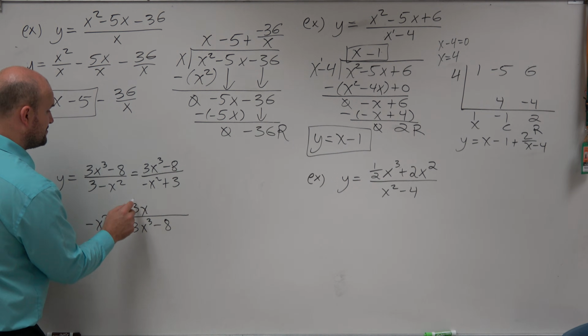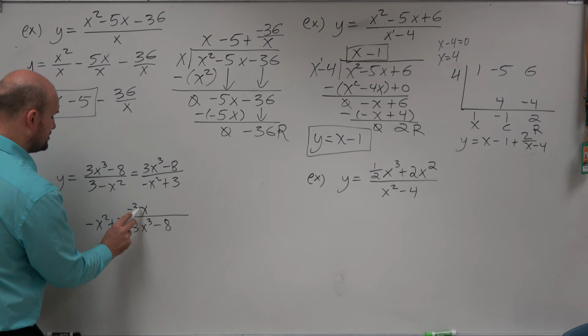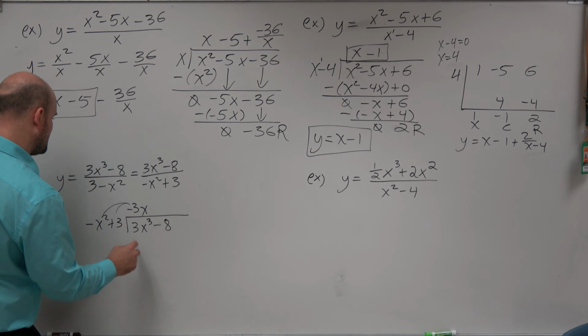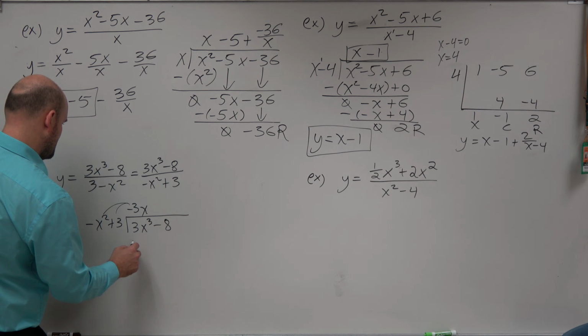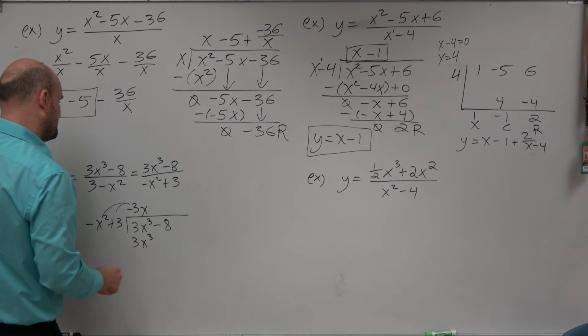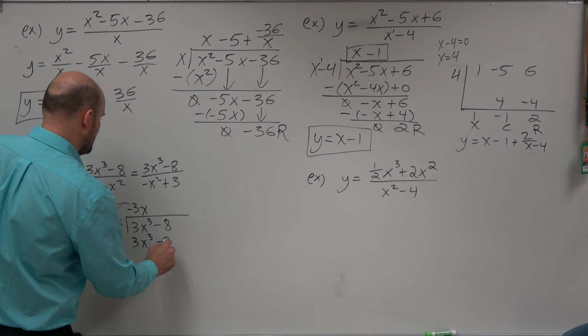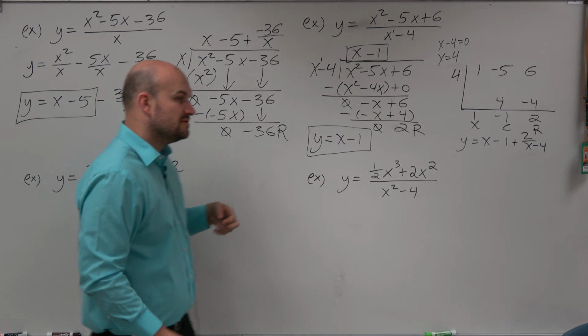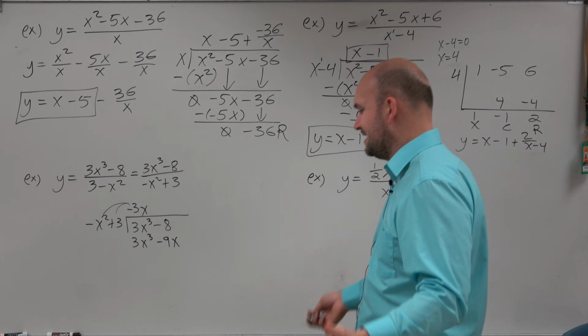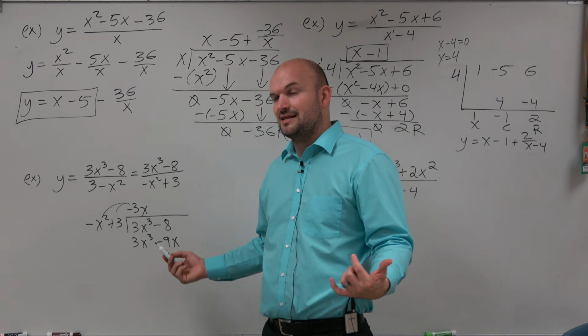We can always check our answer because we multiply our quotient times each of these terms. So negative 3x times negative x squared is going to be a 3x cubed. Negative 3x times 3 is going to be a negative 9x. Now, a lot of times this comes into a little bit of problem because people are like, uh-oh, how do I subtract? I can't subtract 8 from 9x because they're not like terms.